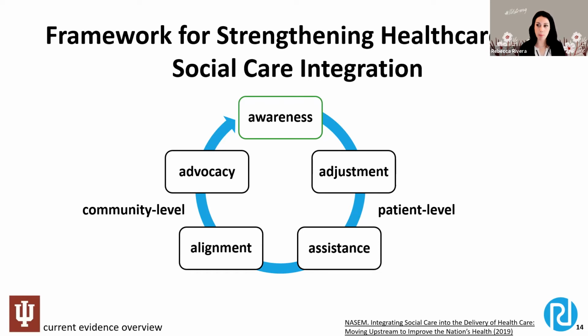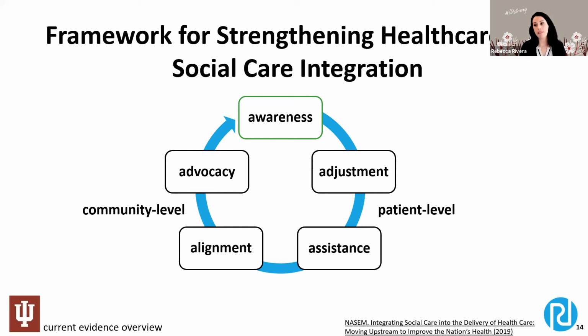And that's the next step up, working with your patients to connect them with community resources, or maybe even just healthcare resources within the institution. Then we get more into the community level with alignment, which is a little bit higher level. That involves the healthcare institution partnering with community organizations to start building synergistic partnerships across the two sectors.